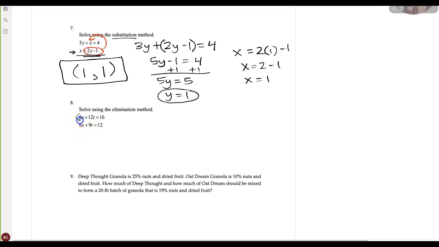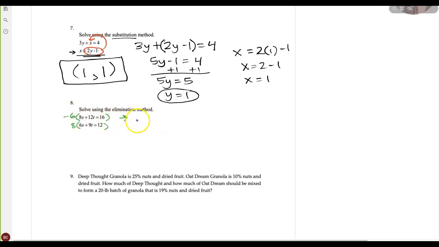So if I multiply this top equation by negative 6, so we can make it into its opposite, and then multiply the bottom equation by 8, I'm just choosing the opposite number there. There are other ways you can do it, but this is probably the easiest way to make those eliminate. And then I'm distributing that -6 through the whole thing.